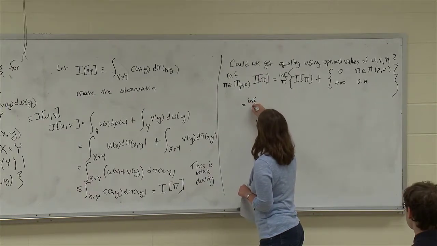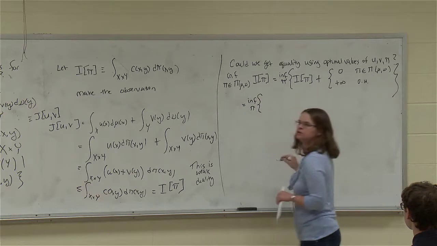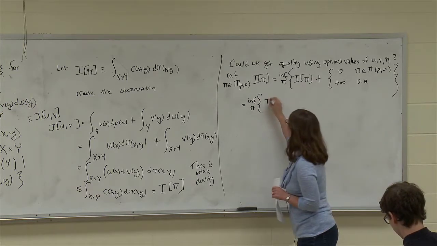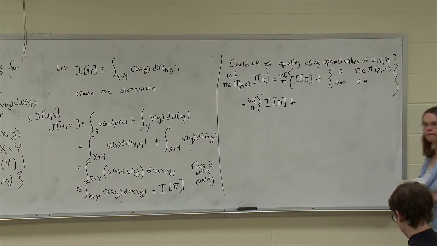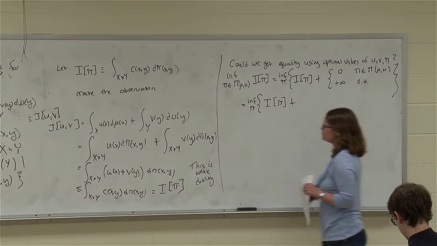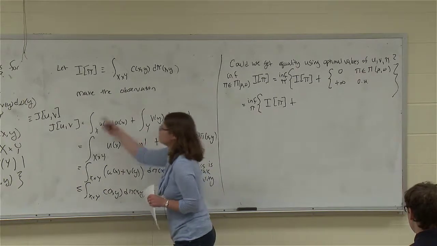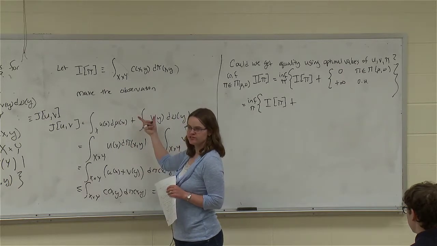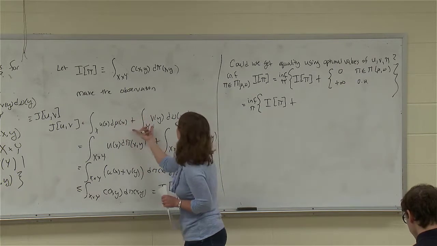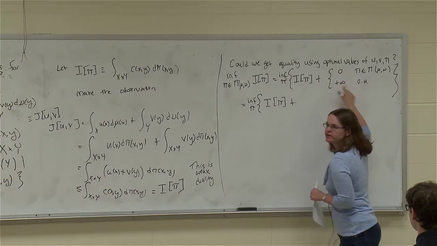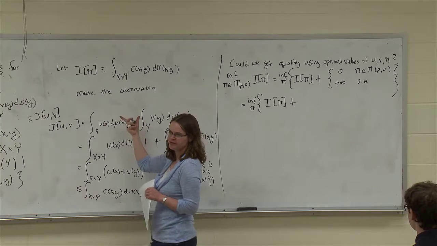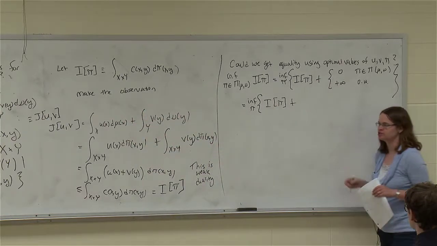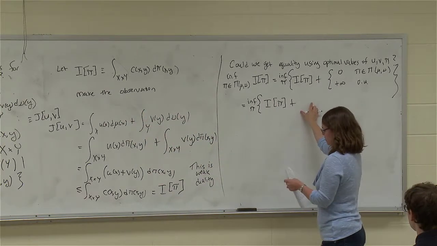We've got, again, the infimum over all pi that are positive measures of I of pi plus, well, I said I want to feed this in, so let's just write this down. This on its own is presumably not equal to this funny function. But let's just write it down and then see what we need to add or subtract from it to help us arrive at this funny function. Okay, I leave a little gap here for a moment.